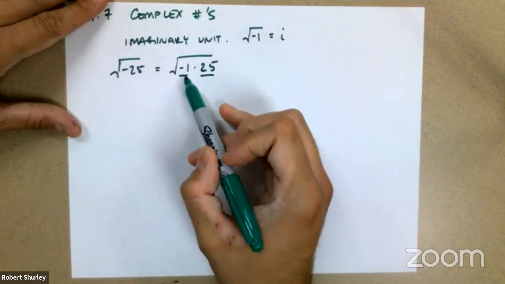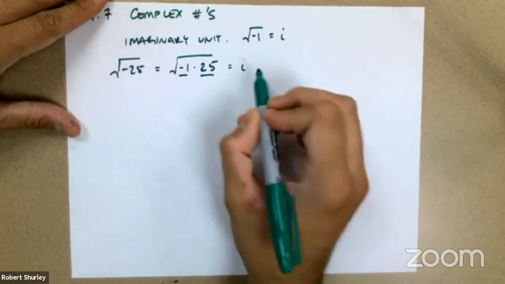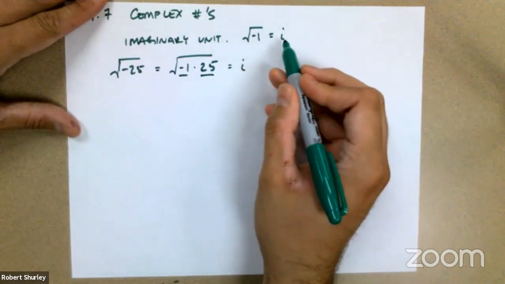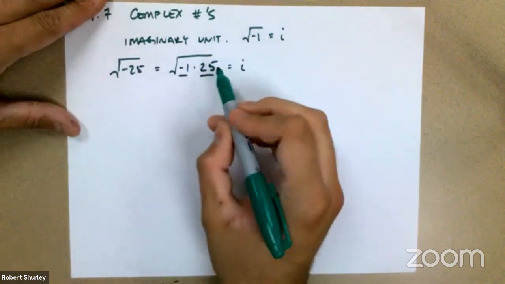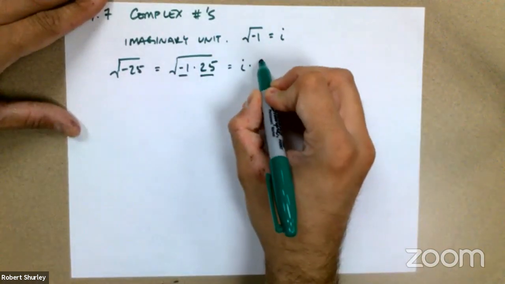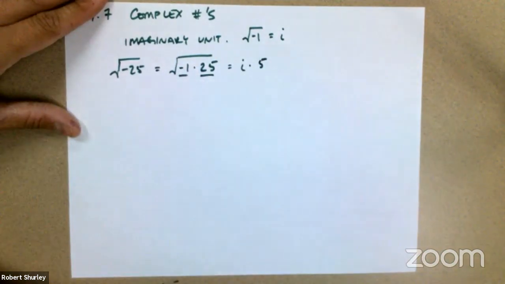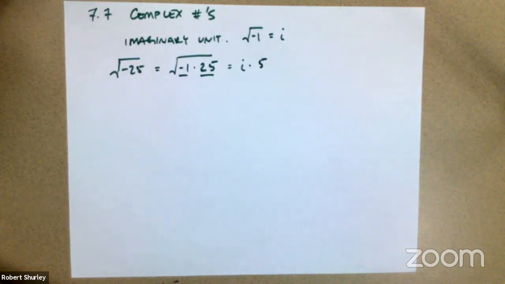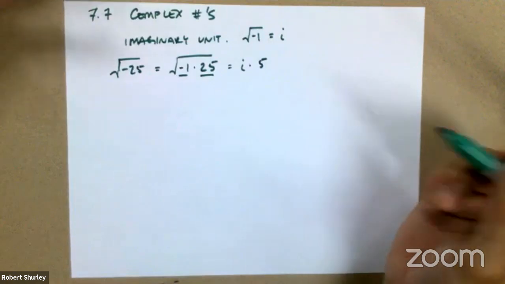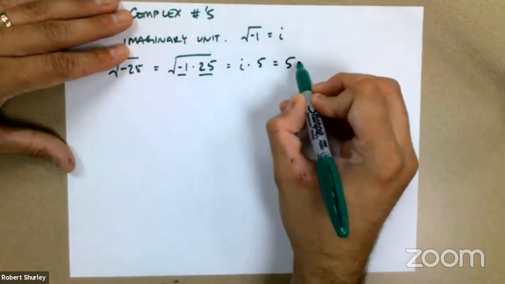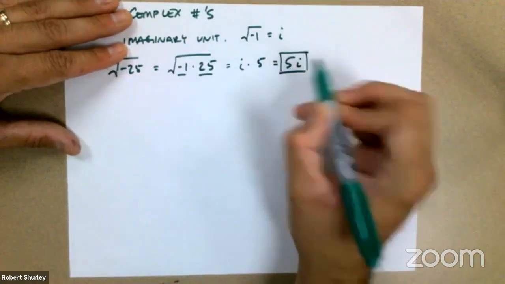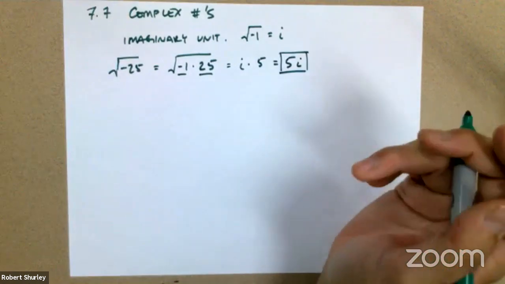So the square root of negative 1 just turns out to be i. We defined it right here, right? And the square root of 25 is just 5. Now we write the i second because it's kind of considered like a variable, but it's not a variable. So it's 5i, okay? 5i.